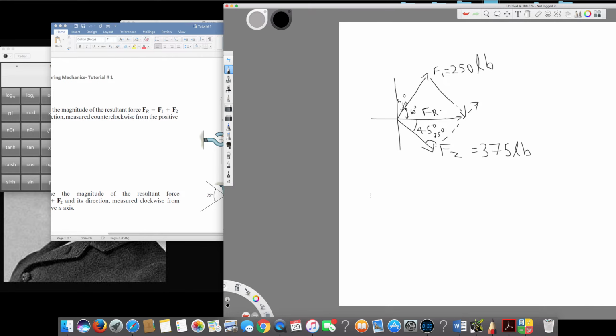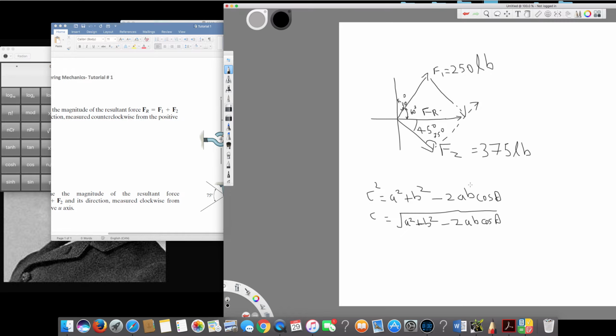So I'm going to use the cosine law. As you know, cosine law is c square is equal to a square plus b square minus 2ab cos theta. So c is equal to root of a square plus b square minus 2ab cos theta.